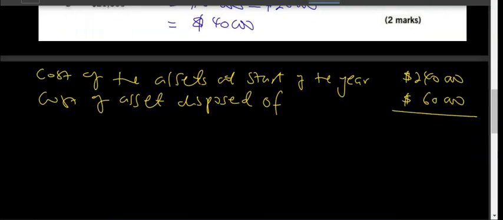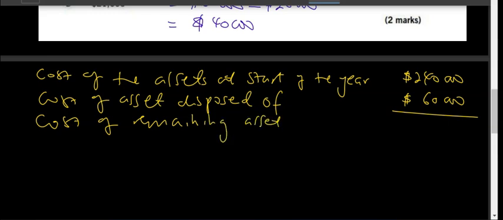So we are left with the cost of remaining assets at the start of the year, which was 180,000.